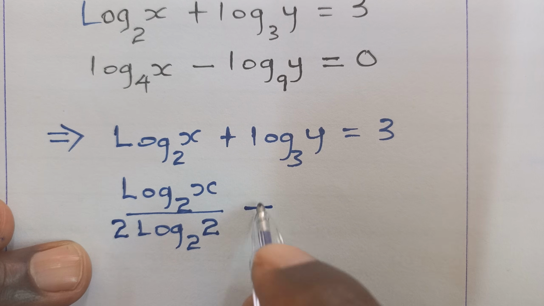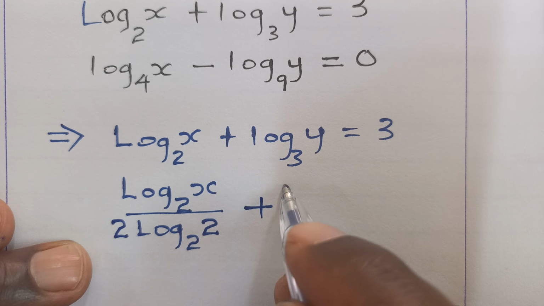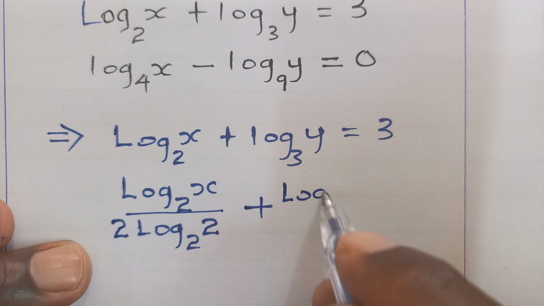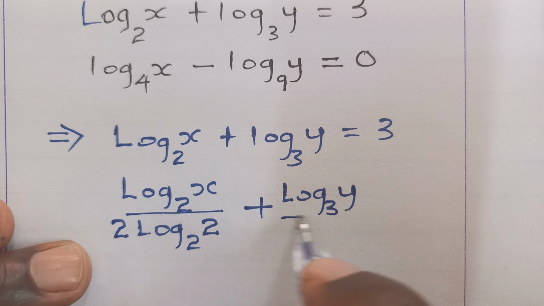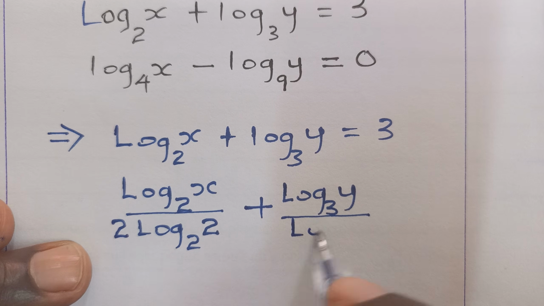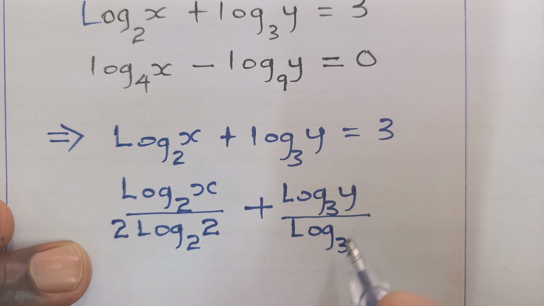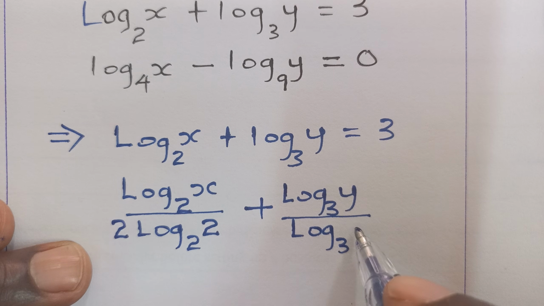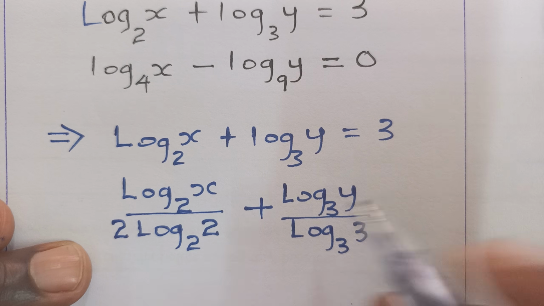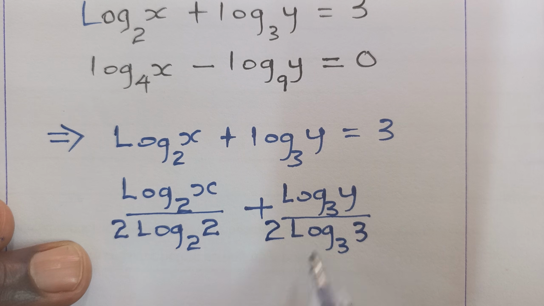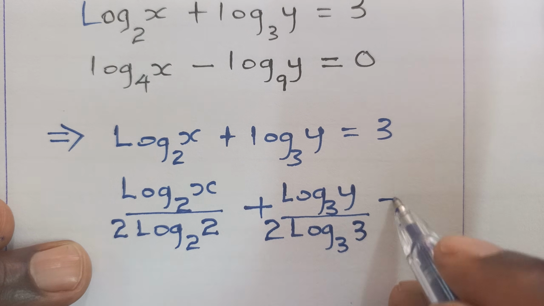Now plus log to base 3 of y all over log to base 3 of 9. 9 can be written as 3 squared, and the square I can now bring here. And this now comes to 0.